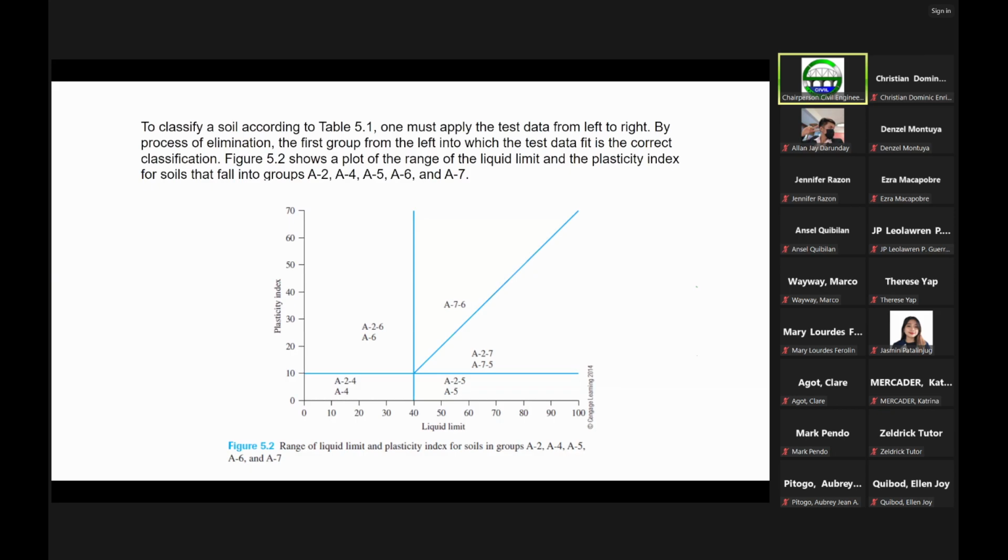So this is a figure here, which is figure 5.2 in your book, if you have your book. This figure shows a plot of the range of the liquid limit and the plasticity index for soils that fall into groups A-2, A-4, 5, 6, and A-7.